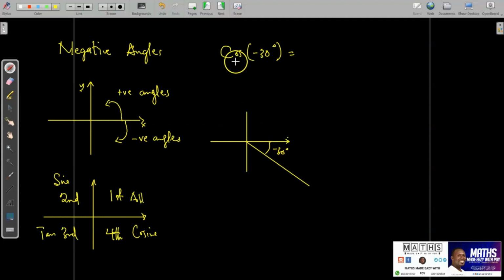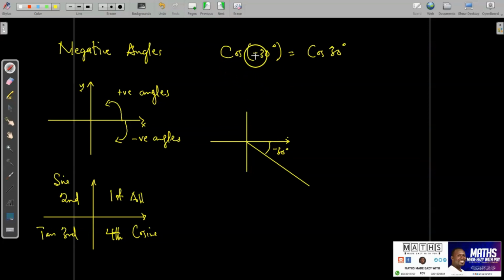So even though we are finding cos of negative 30 degrees, as long as it finds itself in the fourth quadrant, it's still going to be positive. It doesn't matter that the angle is negative.